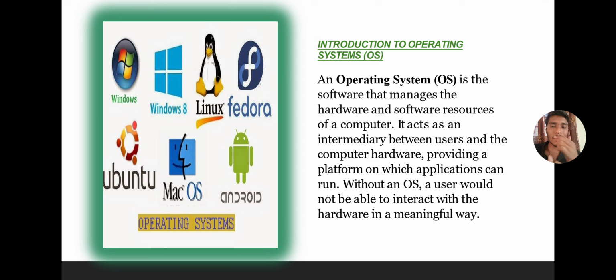It also acts as an intermediate between the user and the computer hardware, providing a platform on which applications can run. It facilitates the applications to perform functions which the user has given as input. Without an OS, a user would not be able to interact with the hardware in a meaningful way.